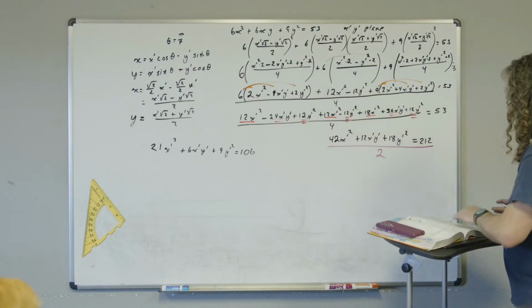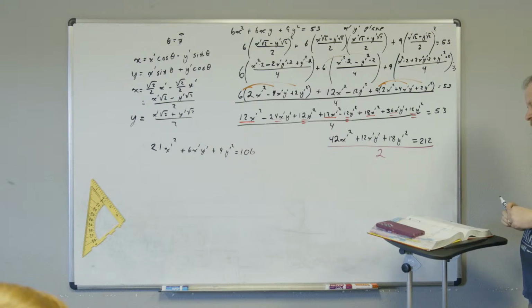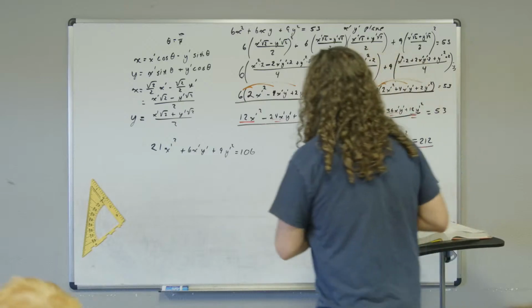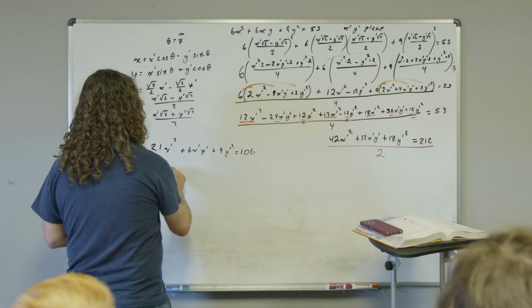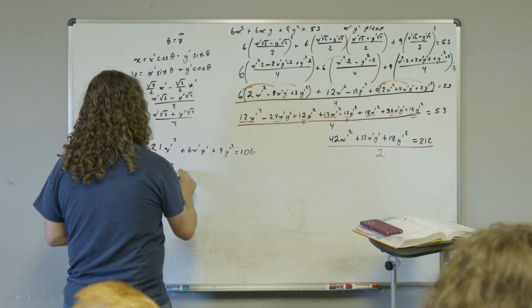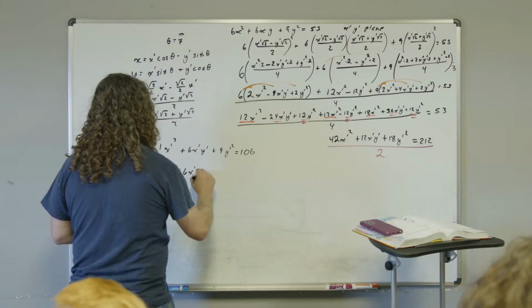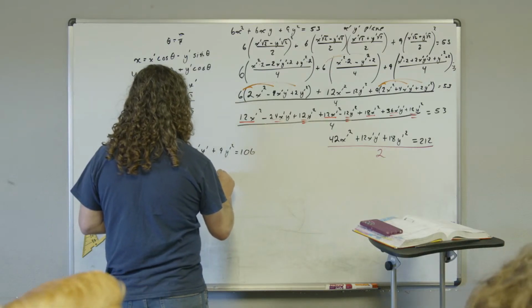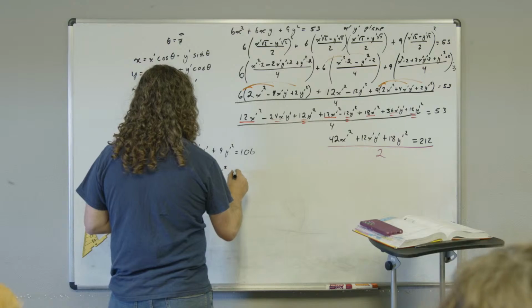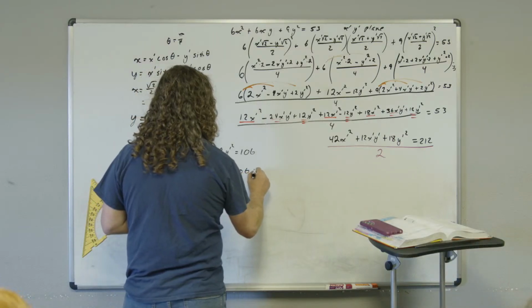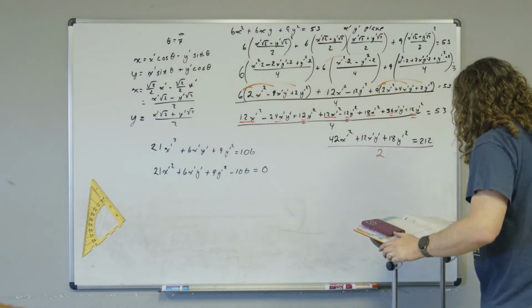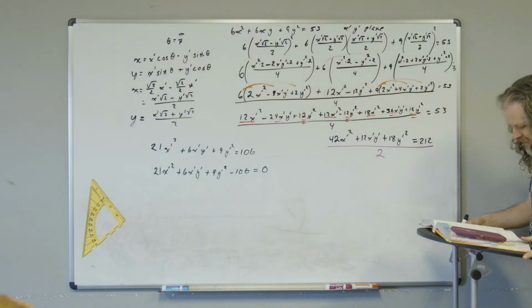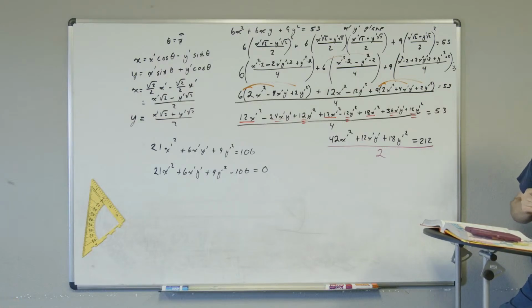We need to figure out what kind of conic this is. So how can we do that? Mathemagic. So we have this. We can for sure, without having to do any mathemagic, say it's not one of the conics.